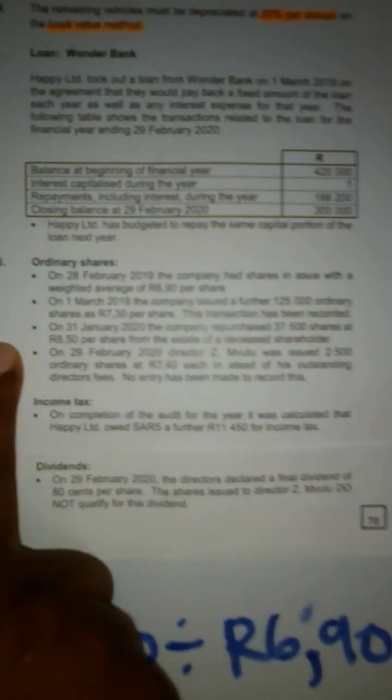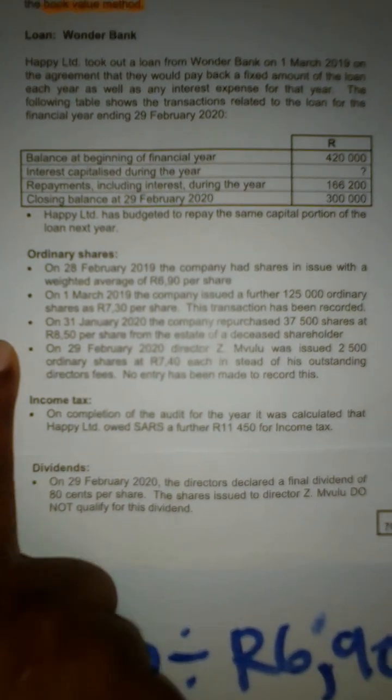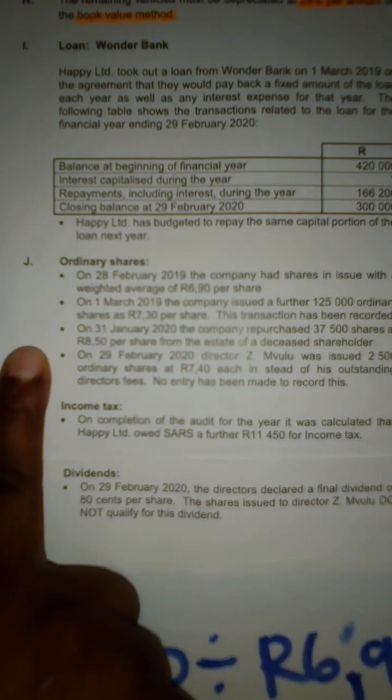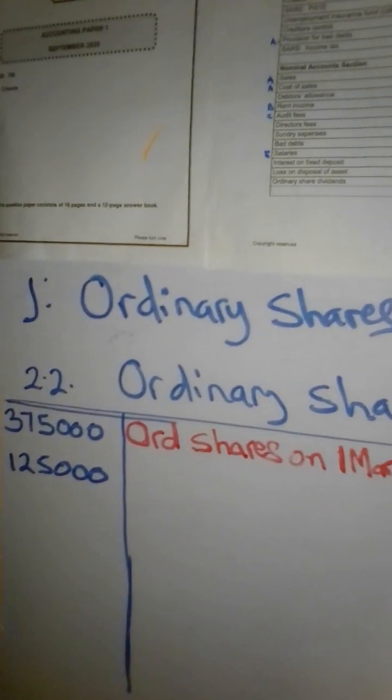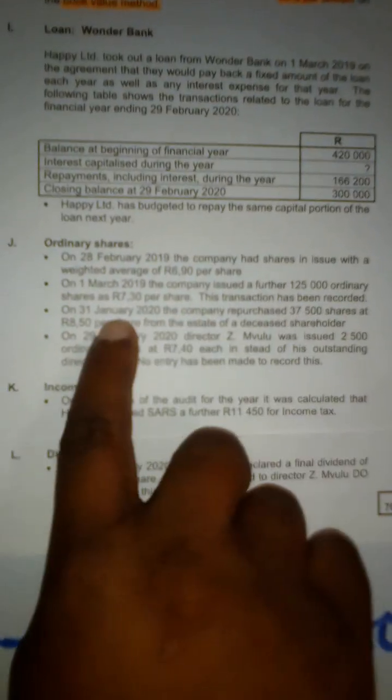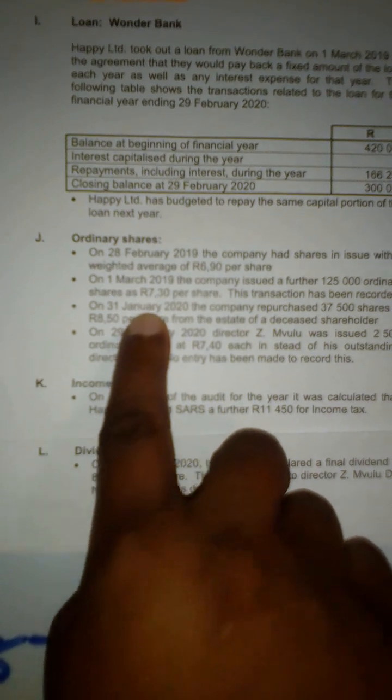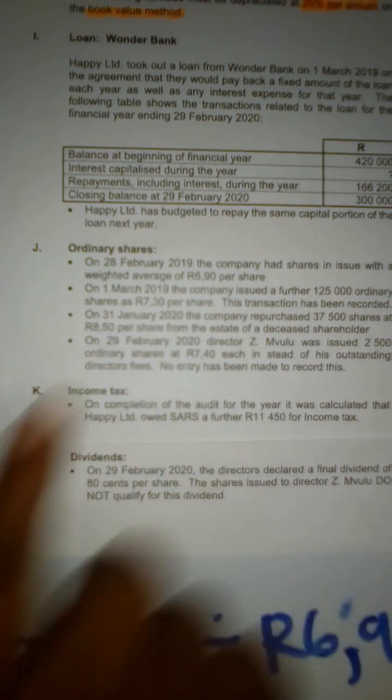On the 1st of March 2019, the company issued a further 125,000 shares. At what price? Ordinary shares at R7.30 per share. So let's also record those shares.